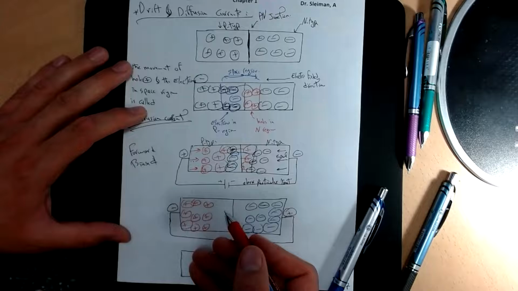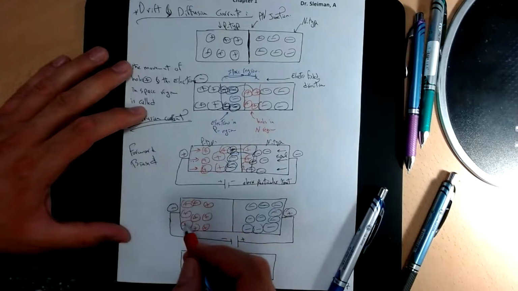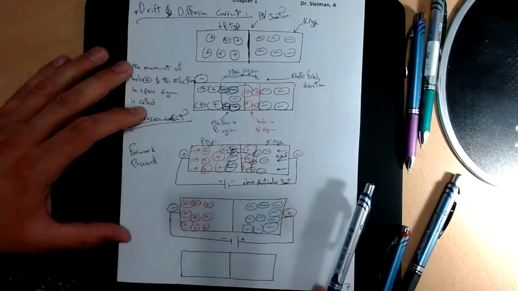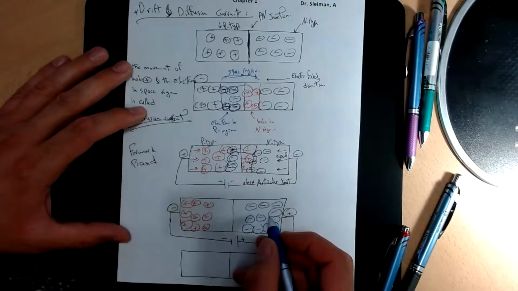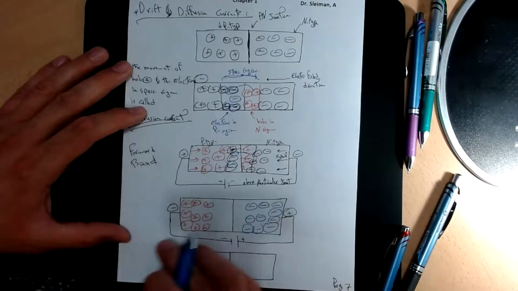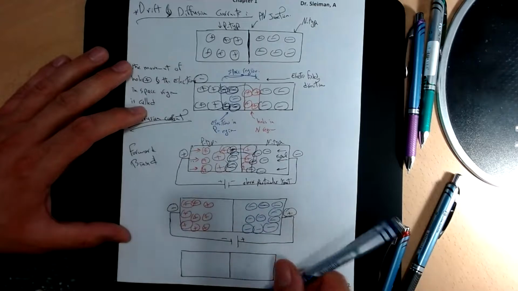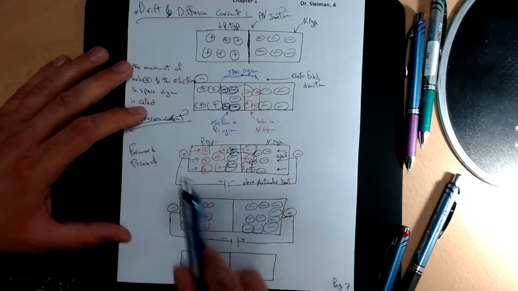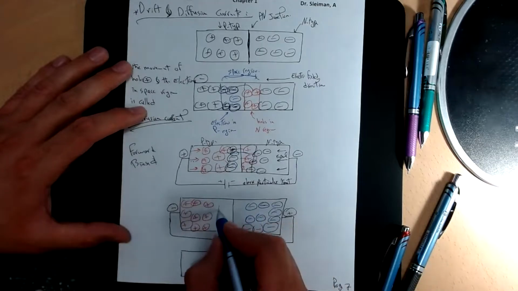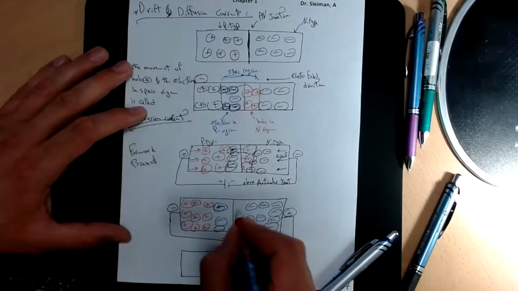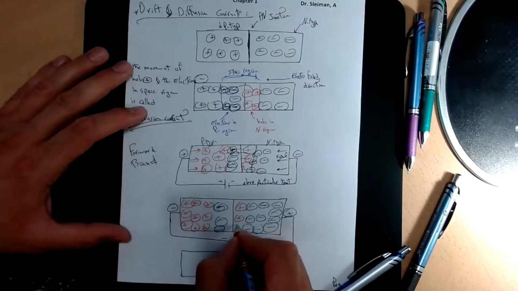So all the negative will be on the side, and all the positive will be on the side. So we have a few negatives and few positives.